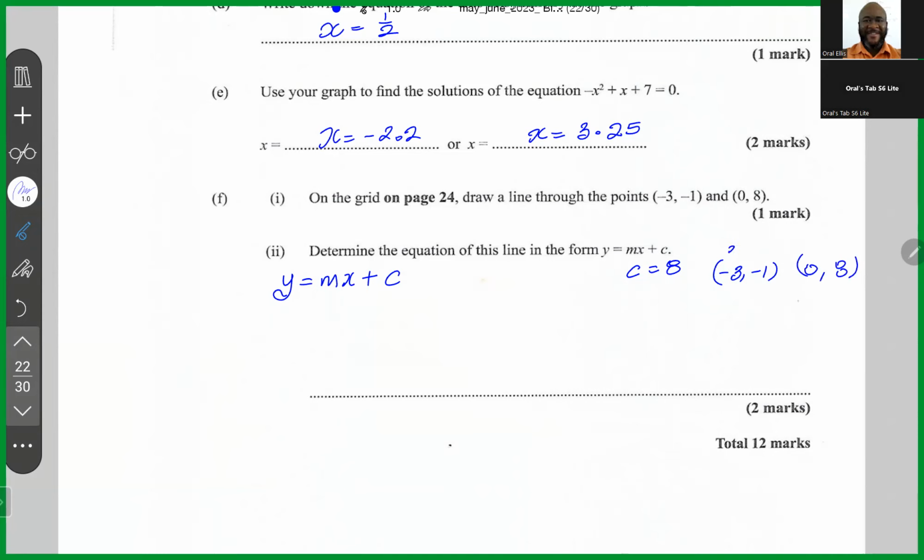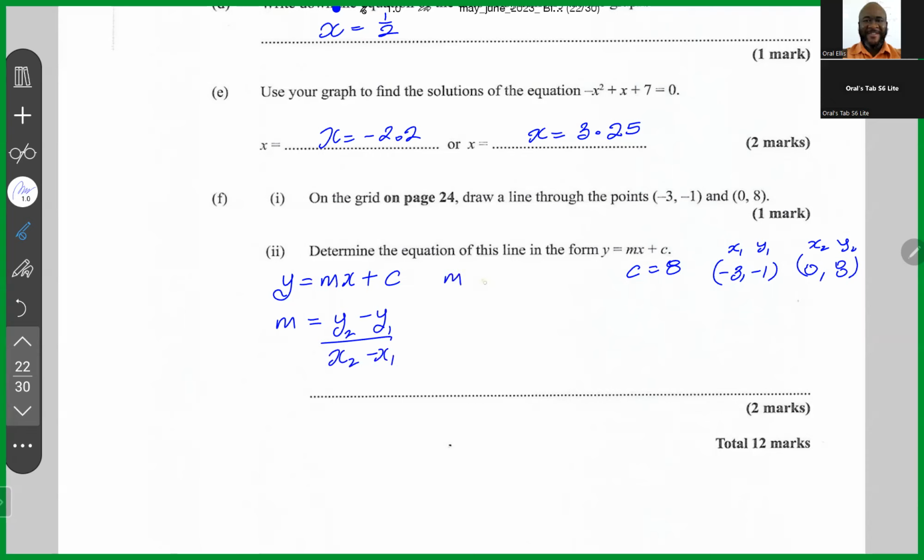If I call these x1, y1, and x2, y2, I can say m is equal to y2 minus y1 over x2 minus x1.